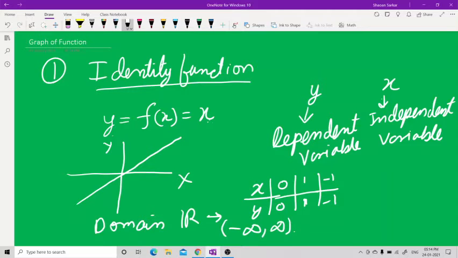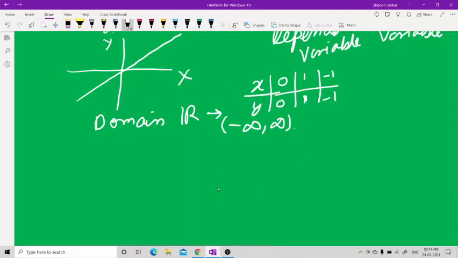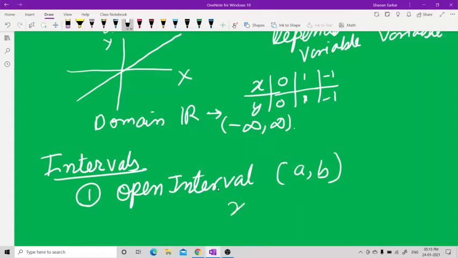Now, before I go further into this, let me introduce intervals. Let's see what intervals are. Number 1, open interval. It looks like this: (a, b). That means x will not take the value a and x will not take the value b.